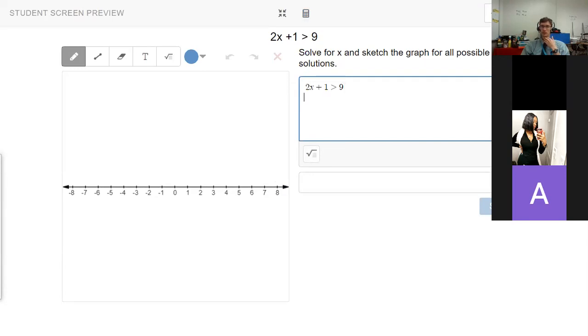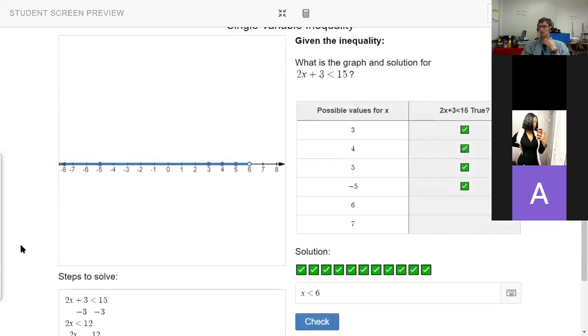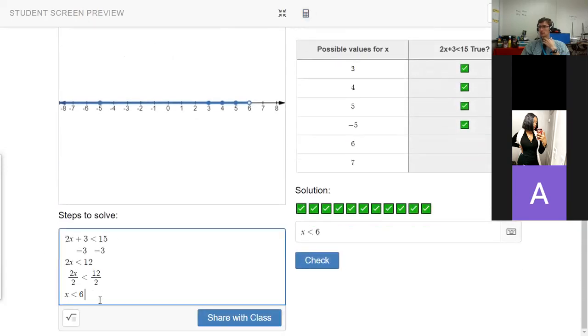So again, if you need help on how to solve with this coefficient, there's a 2 in front of my x, go to slide 8. Look how we did it on slide 8. So slide 10, slide 8, it's a very similar inequality statement that we're simplifying.